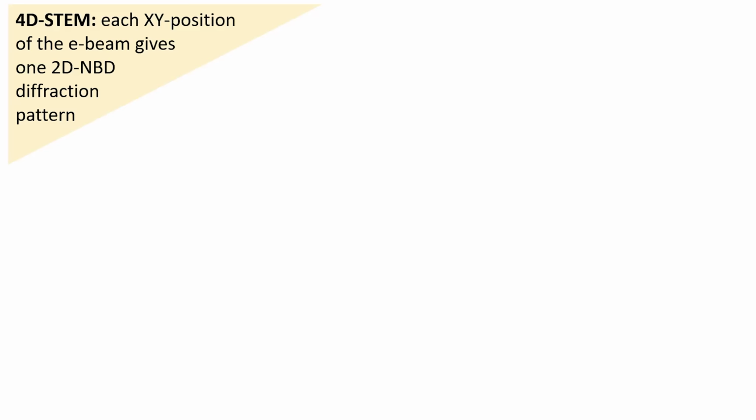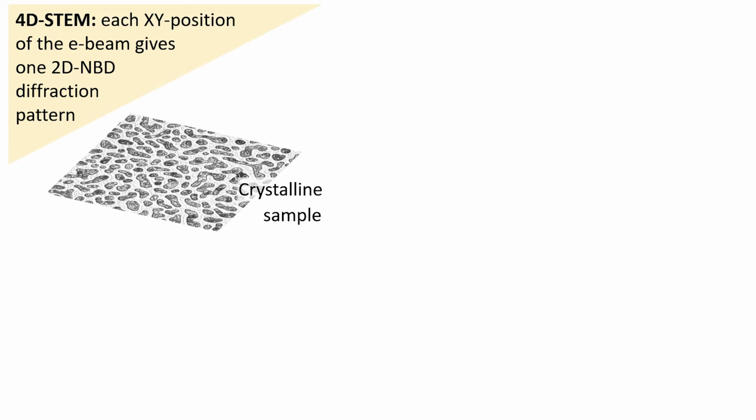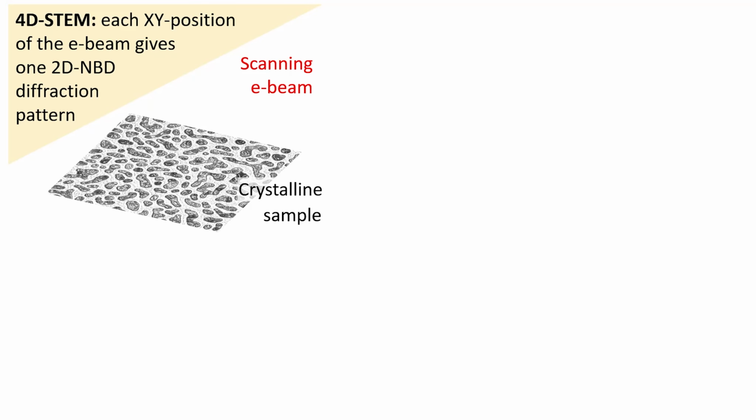So what we have is 4-dimensional scanning transmission electron microscopy, as already mentioned. Each XY position of the scanning electron beam gives us 1 image, and so a 2-dimensional array of 2-dimensional images gives us this 4D STEM. So let's have a look how it works. We have a very thin sample, typically some crystalline specimen, and then we start scanning with the electron beam.